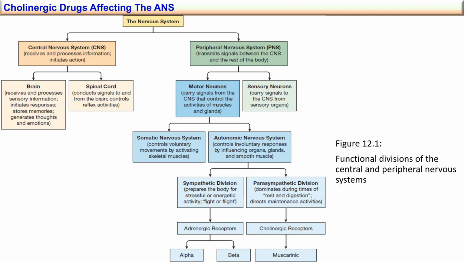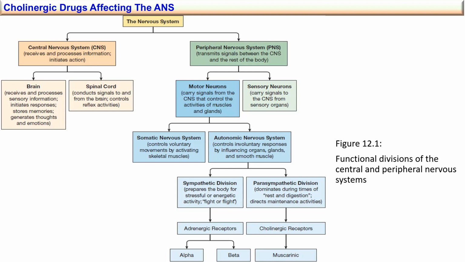Now, under the PNS, the peripheral nervous system, we have two main systems: motor neurons and sensory neurons. The motor neurons are divided into either the somatic or the autonomic nervous system. The focus of this lecture in Chapter 12 will be on the ANS, the autonomic nervous system, which consists of two different sections of nerve fibers.